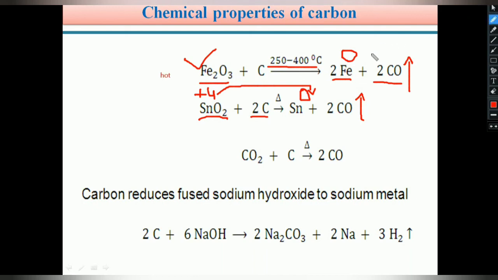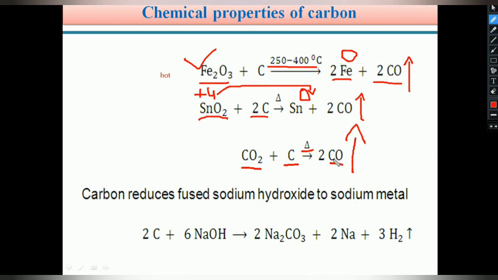And similarly, carbon also reduces higher oxides to lower oxides. See, carbon dioxide is reduced to carbon monoxide at high temperature when treated with carbon. See students, in carbon dioxide, carbon is attached to two oxygen atoms. So after reacting with carbon at high temperature, it forms CO, carbon monoxide gas, as a product.